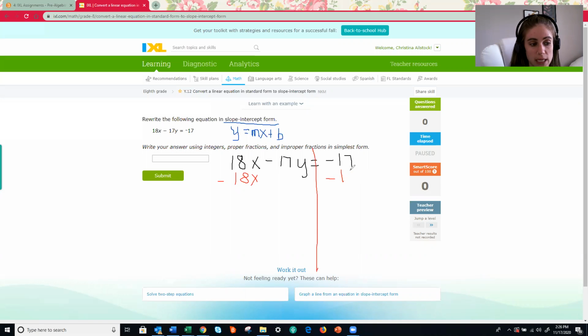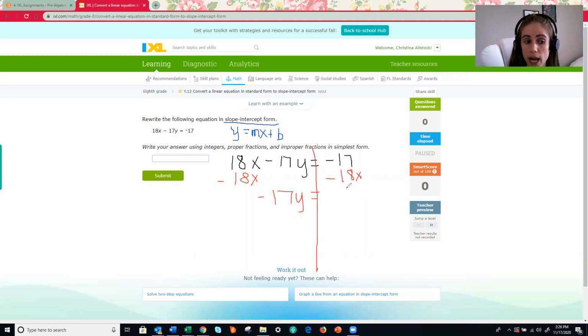We're going to subtract 18x over here, because whatever we do to one side of the equation, we have to do to the other. 18x and 18x are like terms because they both have an x, so I can subtract them. 18 minus 18 is 0. So our x term disappears, which means on this side we are left with a negative 17y.